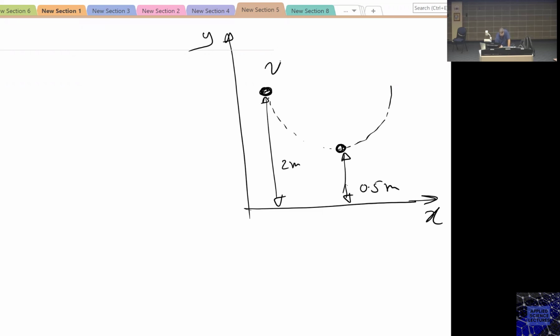Now, the speed here is known, 0. I need to calculate the speed here using the conservation of energy.